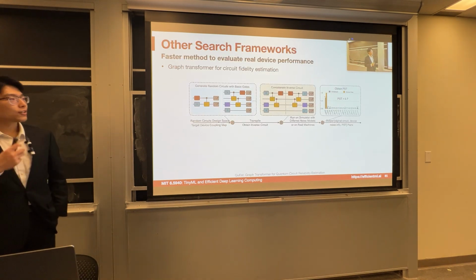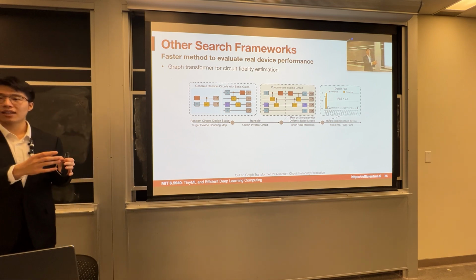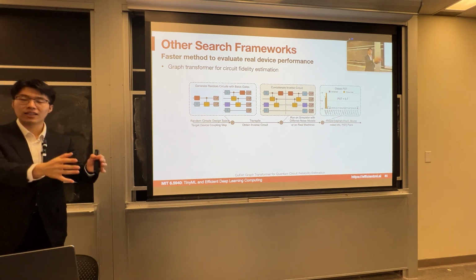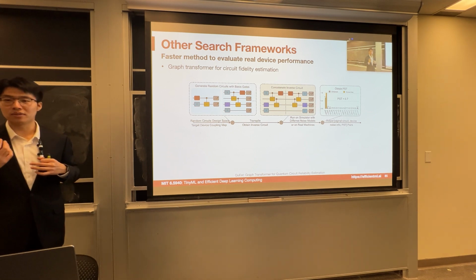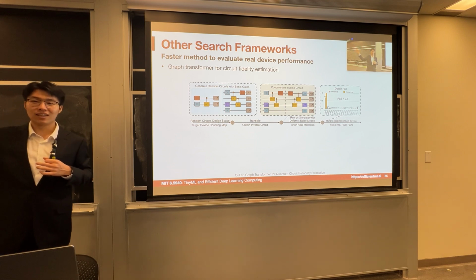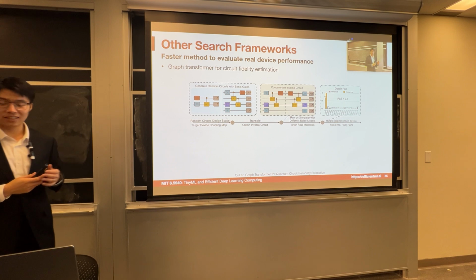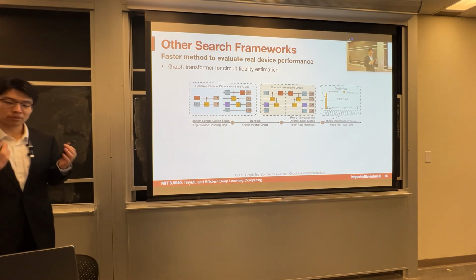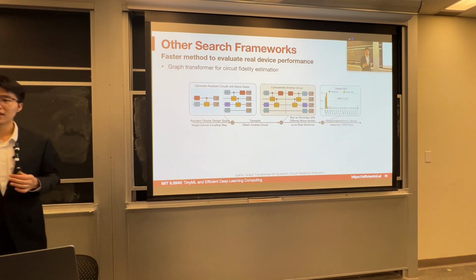During the search, we need to use the actual device as the feedback, right? So we evaluate and then get feedback from the actual device, and that can be pretty slow sometimes because you need to submit a job and then wait in the queue. Sometimes the queue is crazy, and you may need to wait for several hours. In that case, we also propose whether we can use some ways to accelerate the evaluation.